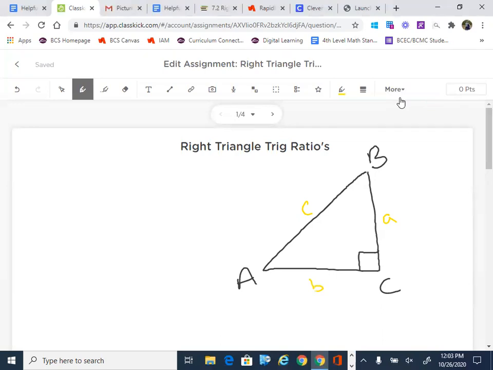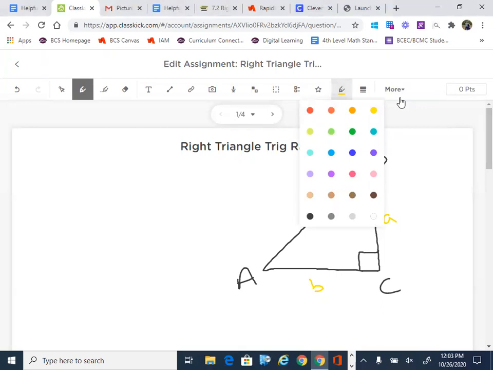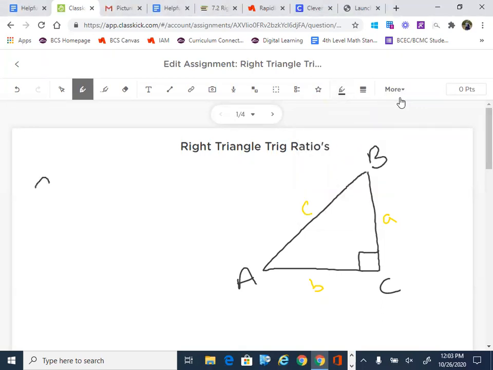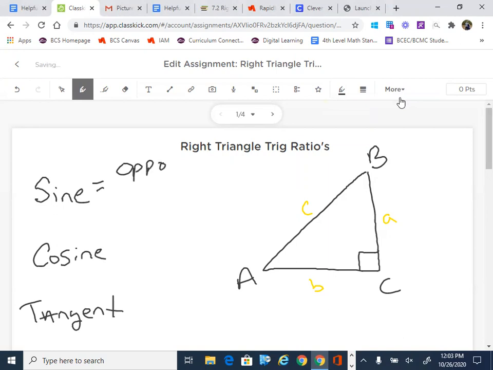So you'll notice that in this case. Now, the trig ratios, as we know them, are sine, cosine, and tangent, the main three that we use on right triangles. Sine is opposite over hypotenuse.